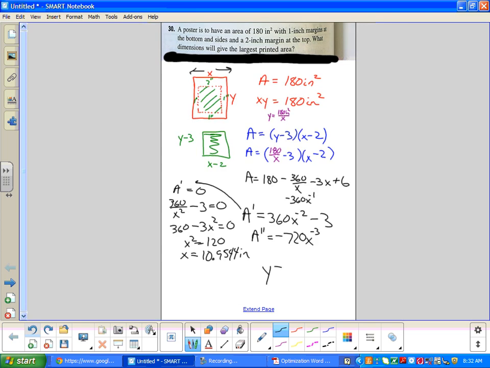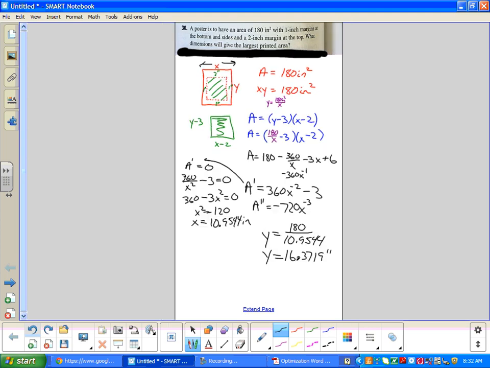So y equals 180 divided by 10.9544. Does someone have what y was in 4 decimal places? 16.3719 inches.